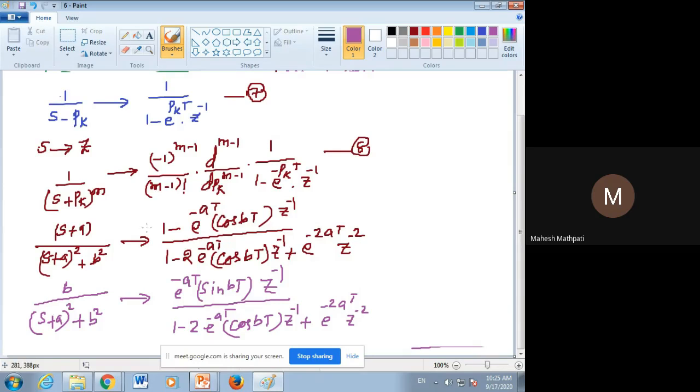Right? So let us call this equation 9 and this equation 10. These are some standard functions we are going to use while solving the examples for the conversion of analog system to the digital system.